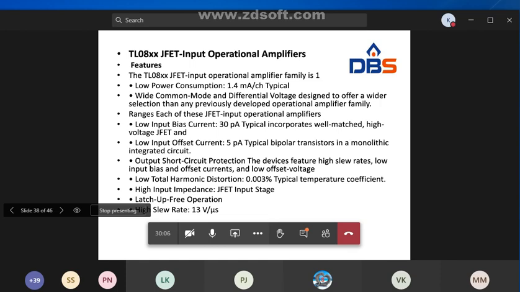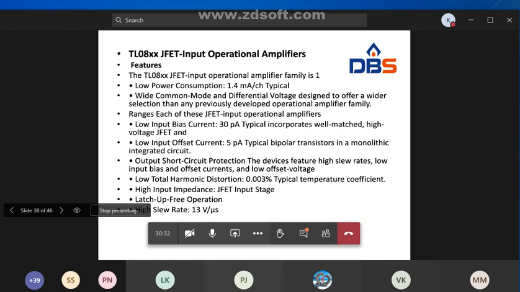So input bias current is low, input offset current is also low, harmonic distortion is low, and it has high input impedance. The main advantage of this FET op-amp is it provides high input impedance. Okay, and the slew rate is also high.